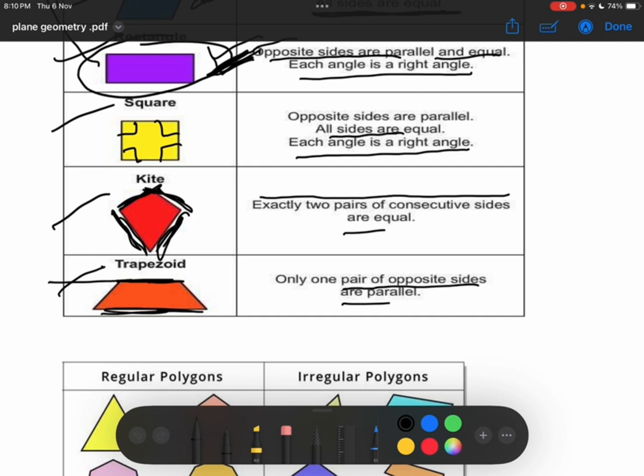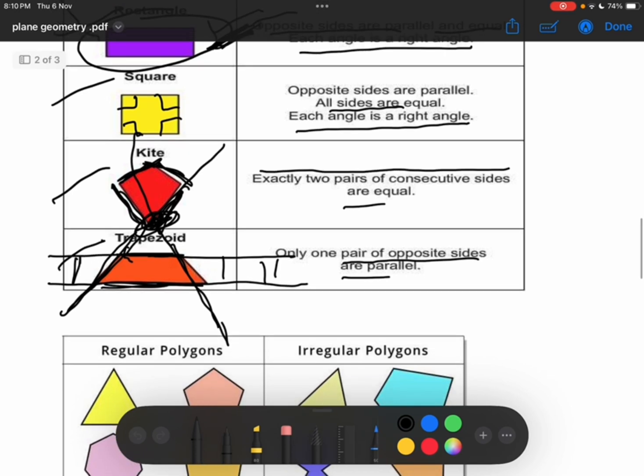Parallel means when you extend this line and this line, the distance at every point will remain same and they will not meet anywhere. But when you are talking about this line and this line, they will meet at some point. You can see here they are meeting here. So that is trapezium, in which there is only one pair of parallel lines.